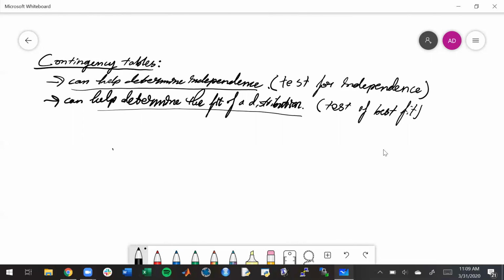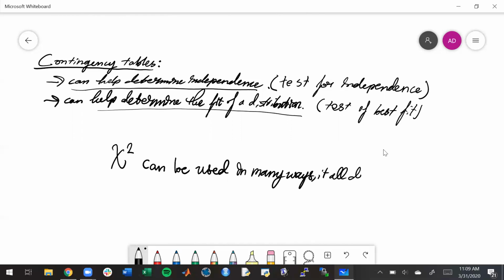That is, chi-squared can be used in many ways. It all depends on interpretation.